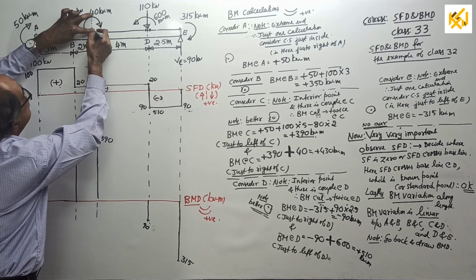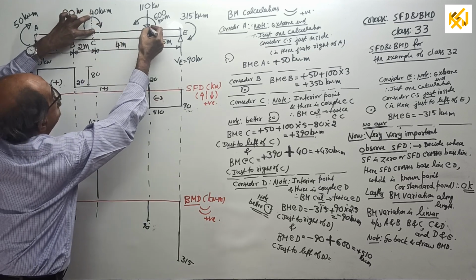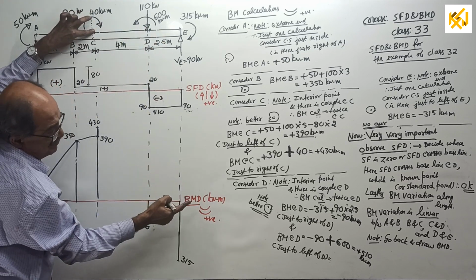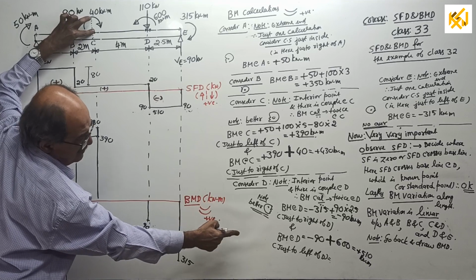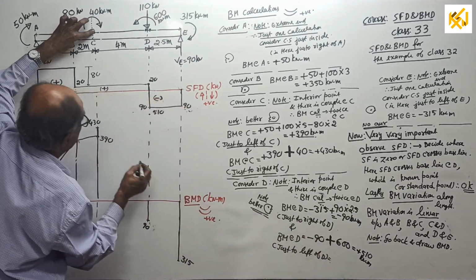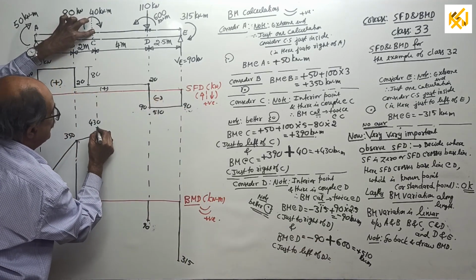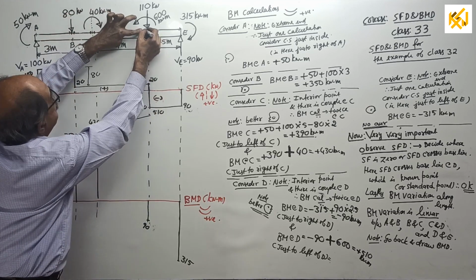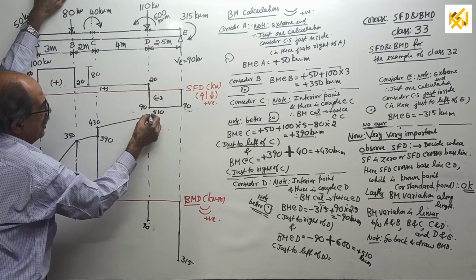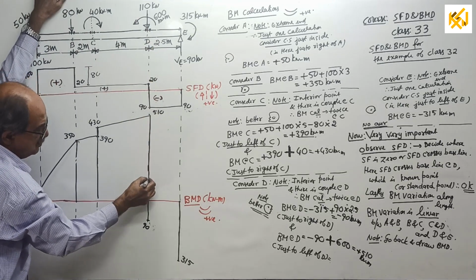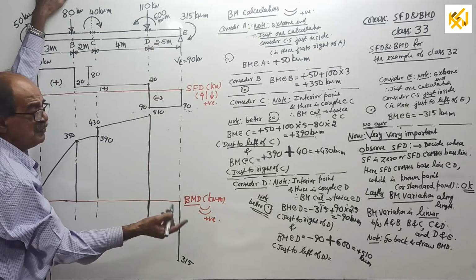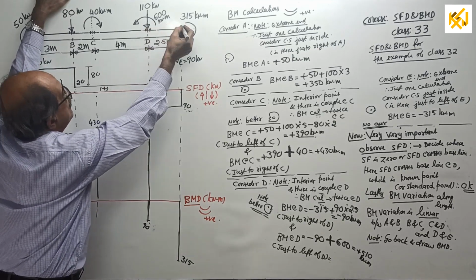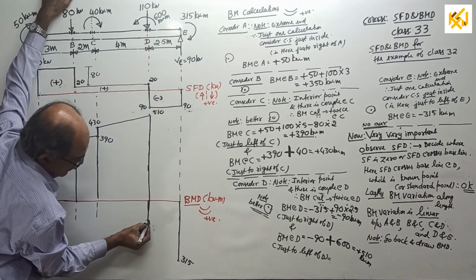Then just to right of C, joined to just to left of D. Just to left of D is here. 510. Be careful. 510. Just to left of D, not join, it will come this way, just to right of D. Drop. This all will be explained. Just to right of D, join to E by a straight line.